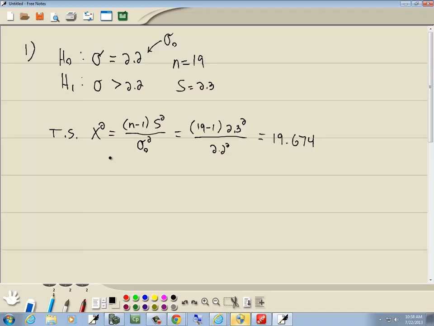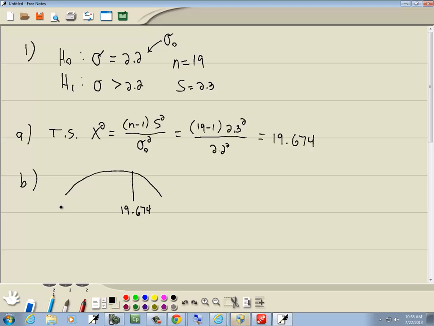Now this is the part that took me a little bit to get. Let's draw our picture. Greater than on H1 means we're going to have a right tail. And our test statistic, 19.674, right here.